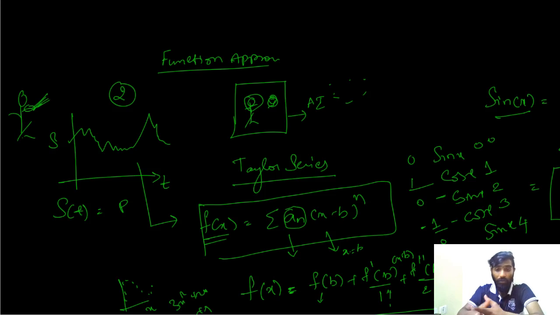So the motive of the Fourier transform or Fourier series comes from something called function approximations or function fittings. These days there's a lot of hype about artificial intelligence or machine learning or deep learning. What these techniques actually do is they take a set of variables and create some sort of a function in their network or a model, and put these variables through this model and try to calculate an outcome.